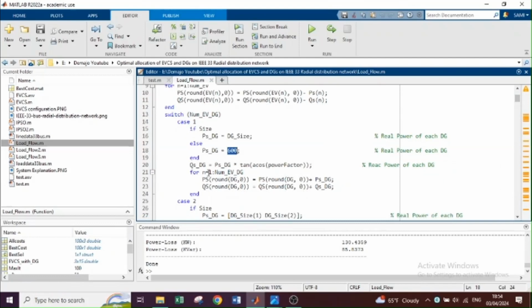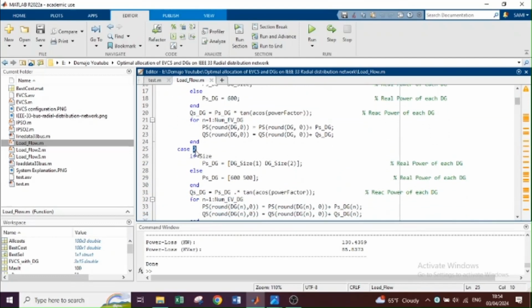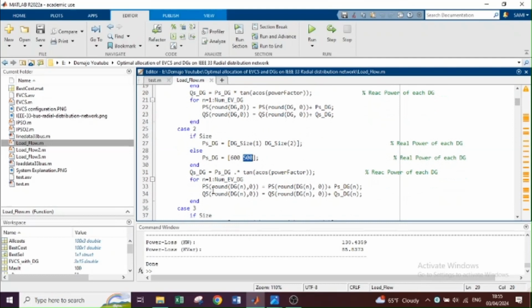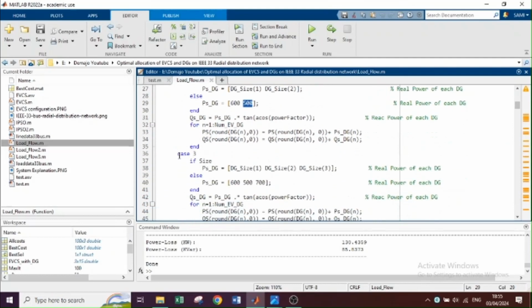For example, when the case is 1, we consider 600 kilowatts for the first DG, or the only DG that exists in the system. When there are 2 DGs to be allocated, the first one would be 600, the second one would be 500. When there are 3 DGs to be placed, the sizes of DGs would be 600, 500, and 700. So these are just constant sizes of DG.